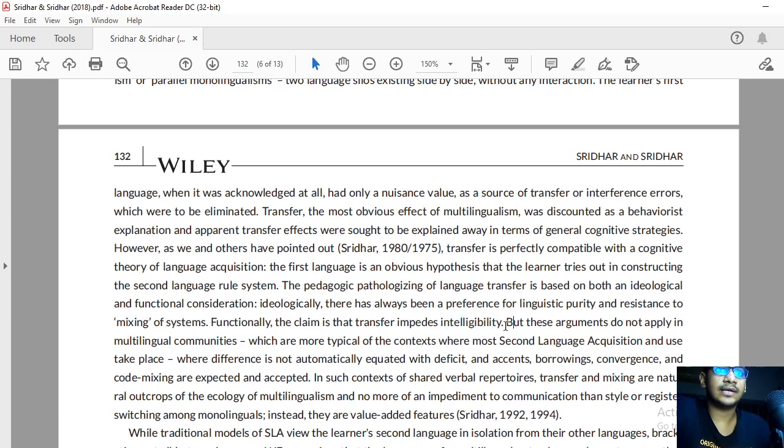But these arguments do not apply in multilingual communities, which are more typical of the contexts where most second language acquisition and use take place, where difference is not automatically equated with deficit. Deficit means decrease, and accents, borrowings, convergence, and code mixing are expected and accepted.